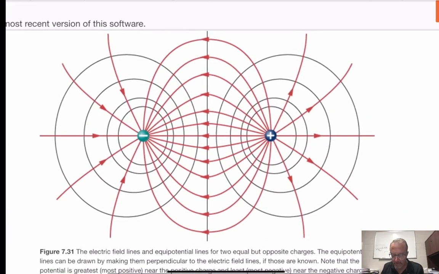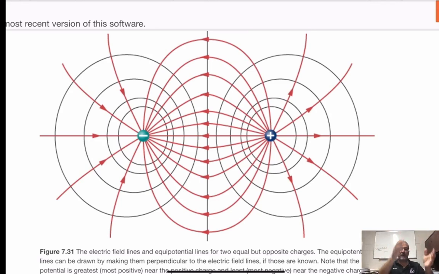Those equipotential lines are around the positive charges and around the negative charges, but they're positive, KQ over R, around the positive charge, and negative around the negative charge. So think about these equipotential lines like a topographical map, like they're hills. They're higher value, 1 over R, closer to the charge. They drop off as you go away. So around that positive charge, there's like a hill that comes up to the top of the positive charge.